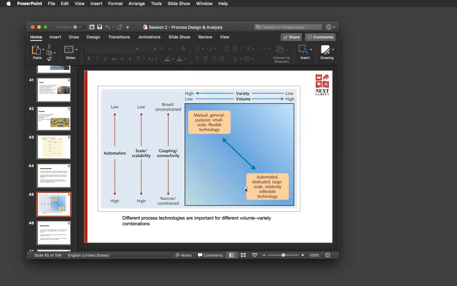So in this case, you will see if your layout supports a high variety and low volume product, then your level of automation is going to be low because it's all highly customized.